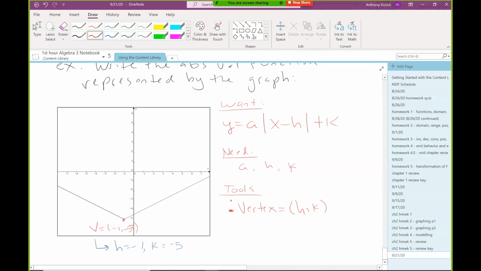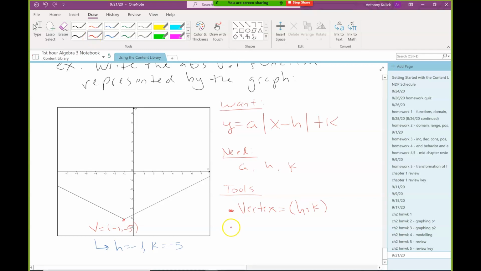Everybody good with that? So two of the three are easy to get, right? Very little we have to do. All you have to be able to do is identify where the vertex is. So far, so good? Okay.